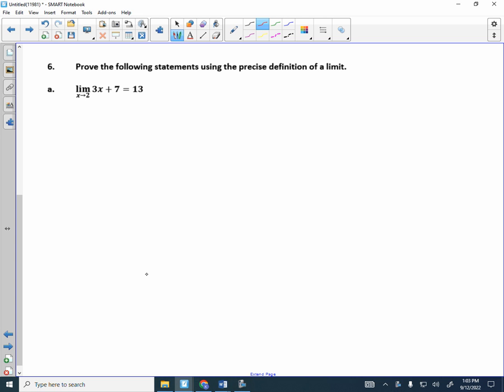People tend to really like this, so we'll show you what it looks like. First of all, you're going to write down this: absolute value of f of x minus, anybody remember what comes next? Minus L is less than epsilon whenever x minus a is less than delta.